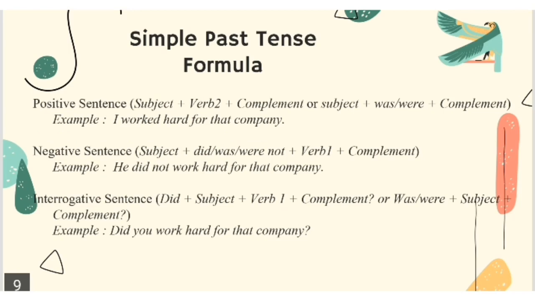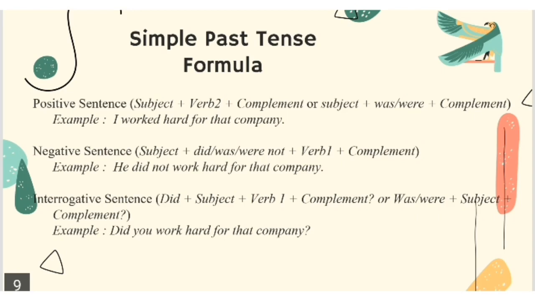For positive sentence, there is subject plus verb 2 plus complement or subject plus was or were plus complement. For example, I worked hard for that company. For the negative sentence, there is subject plus did or was or were plus not plus verb 1 plus complement.